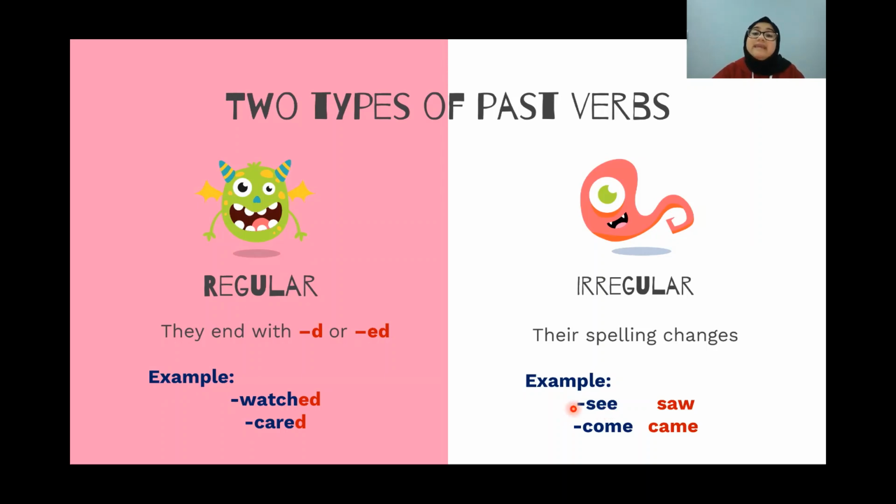It's not going to be seed by adding ed or d. It's going to be saw. And we also have come. Come is another verb. If I want to make it past, it will be came. The spelling changed completely. So what happens to irregular past verbs? Let's see.